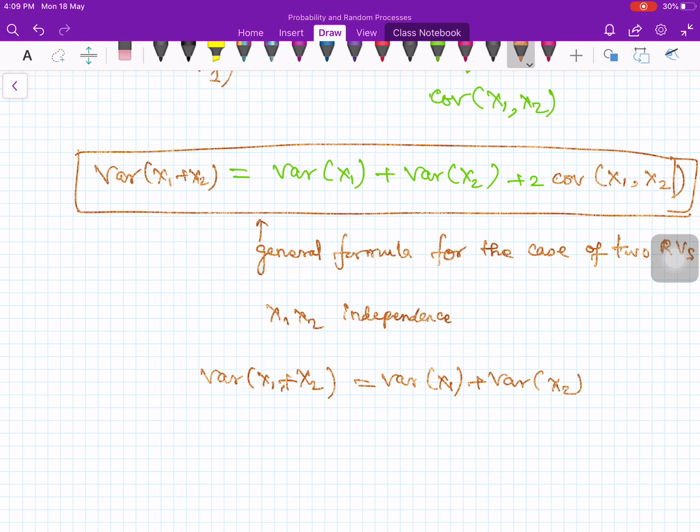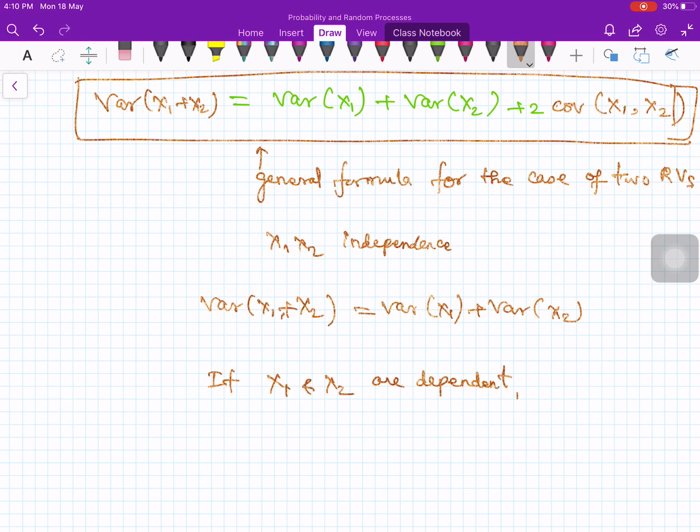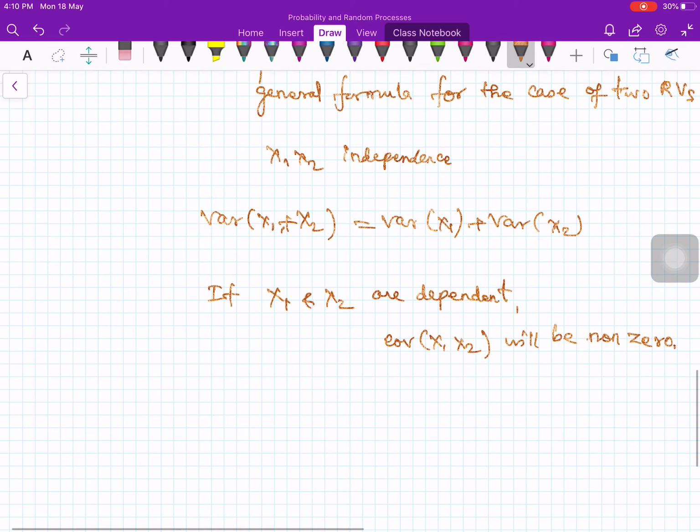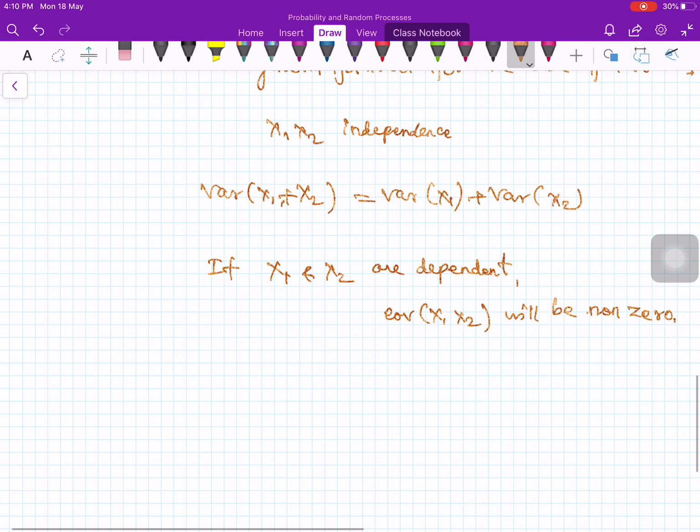But when the random variables are dependent, it is possible that the covariance will be non-zero. So if x1 and x2 are dependent, then there is a chance that the covariance of x1 and x2 will be non-zero. That is why you have this additional third term.